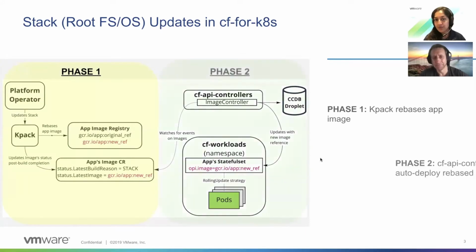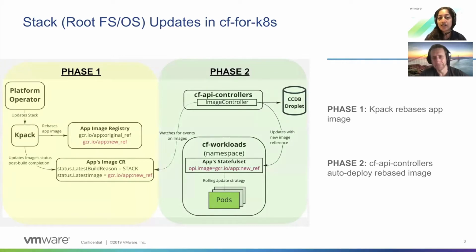Phase 2 is that the CF API controllers, which is a new component that our team made, which includes various controllers, such as the image controller, watch the corresponding kpack resources and perform certain actions depending on the events that are happening to these resources. For example, the image controller in this case watches for events on the image resource and sees that there is a latest build reason of stack on this custom resource and a latest image, which is this new image reference for the rebased image.